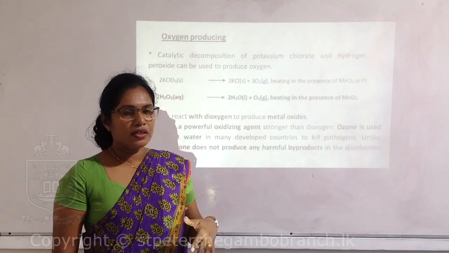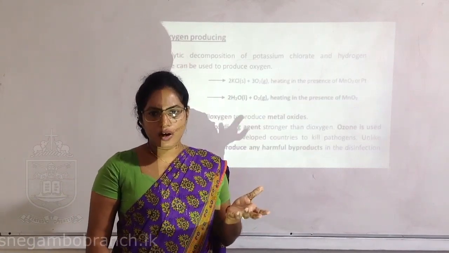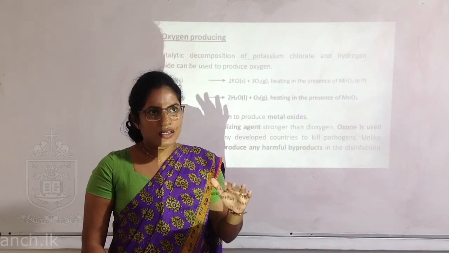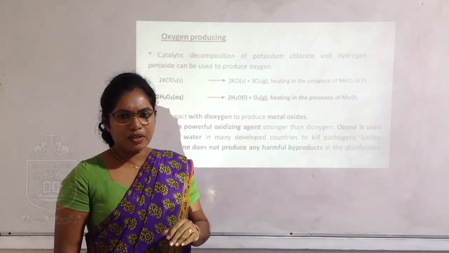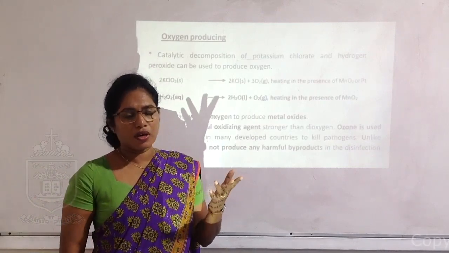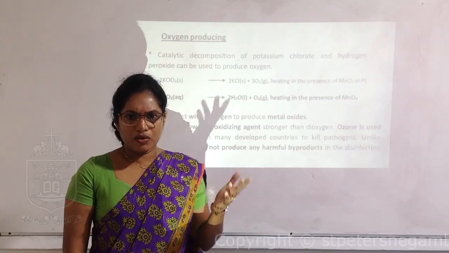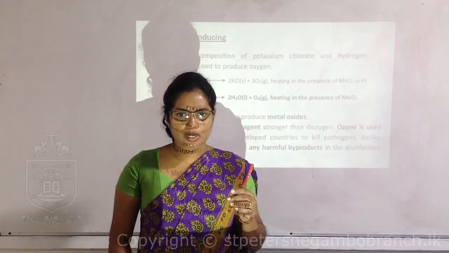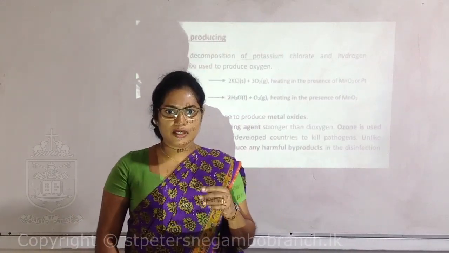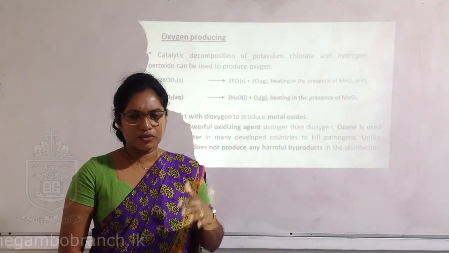Then metals react with oxygen and produce metal oxides. Then if we take ozone, ozone is a powerful oxidizing agent, and ozone is used as a disinfectant agent for water.